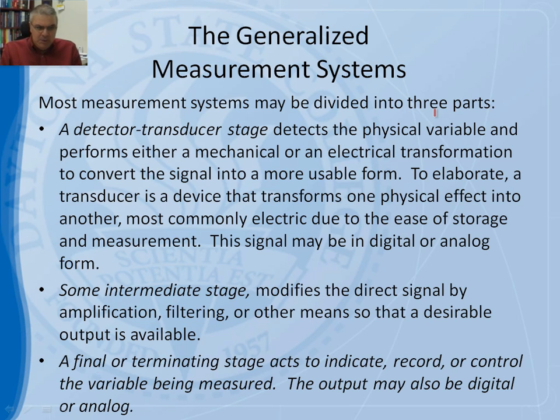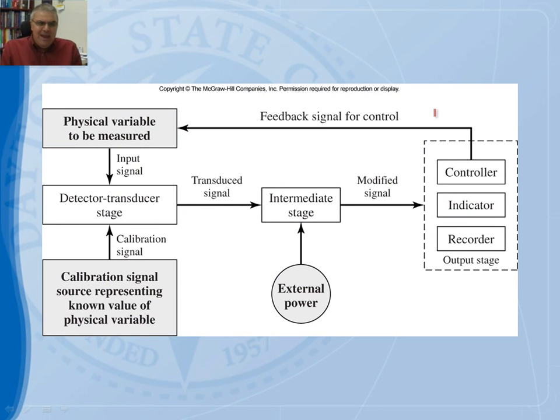A final or terminating stage acts to indicate, record, and control the variable. And that's the final stage of the cleanup. Actually, we put that on display, and again, the output may be displayed as digital or analog.